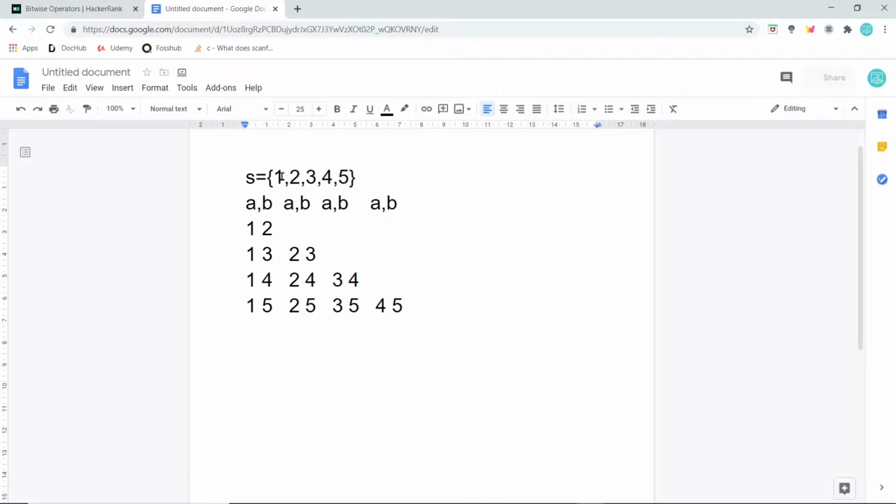So 1 is not greater than 2, so it is not considered, and 3, 4 and 5 are greater than 2, so there will be 3 possibilities, 3, 4 and 5. So 2 is coupled with 3, 2 with 4, 2 with 5, right? So these numbers are the numbers that we will do operations upon. So we'll do operations on 1 and 2, like 1 and 2, 1 or 2, 1 XOR 2, like that.